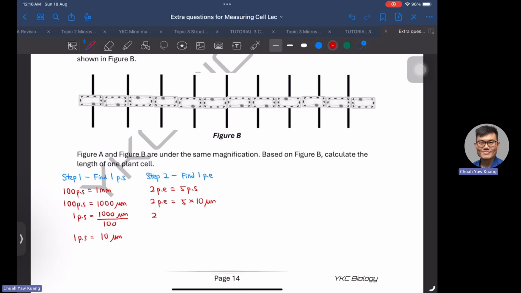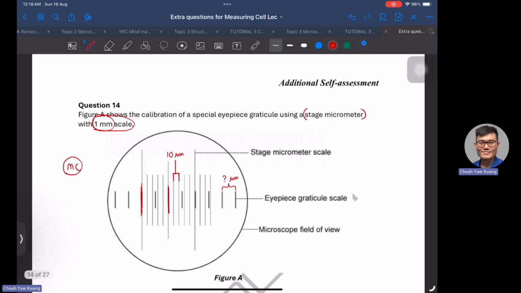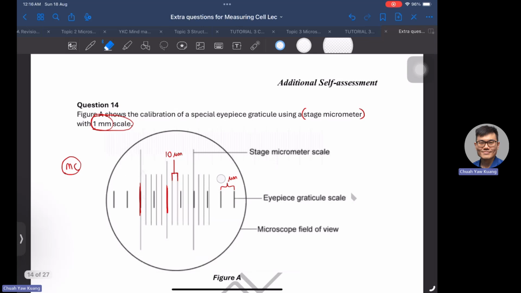So we can change to 1 pitch: 1 pitch on the eyepiece reticule is equal to 50 micrometer divided by 2, which is 25 micrometer. So with that, we know that 1 pitch on the eyepiece reticule is equal to 25 micrometer.